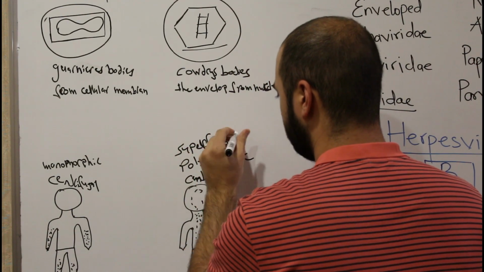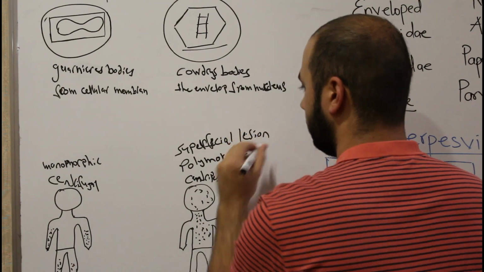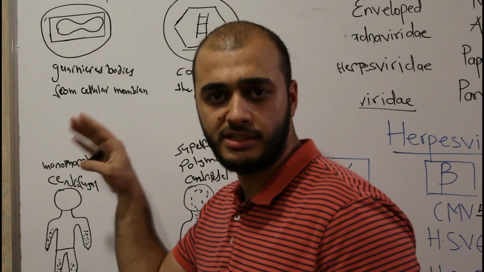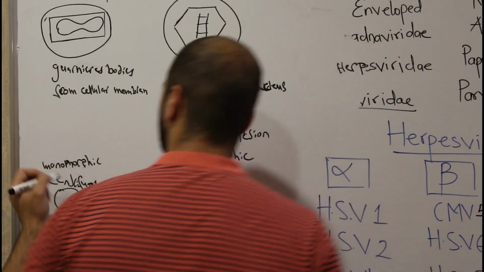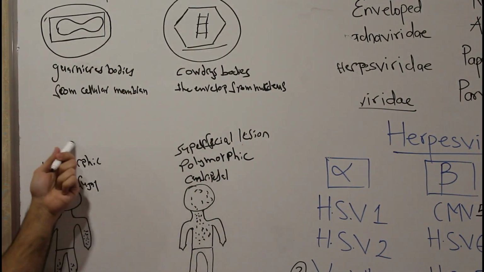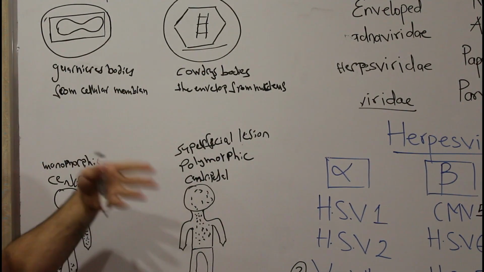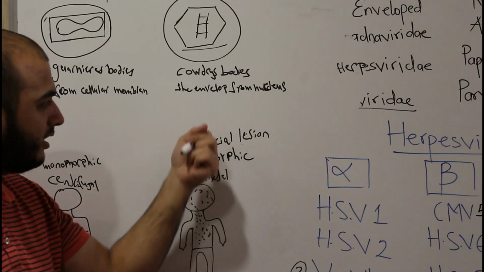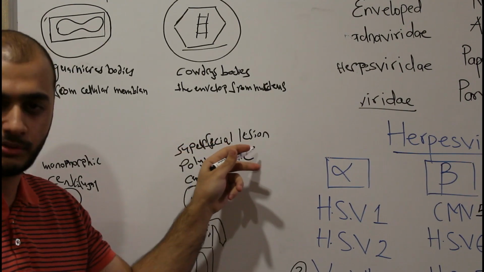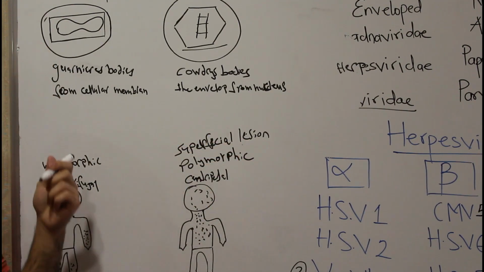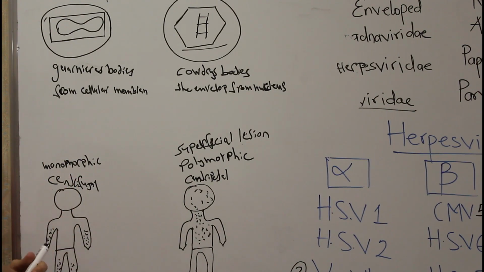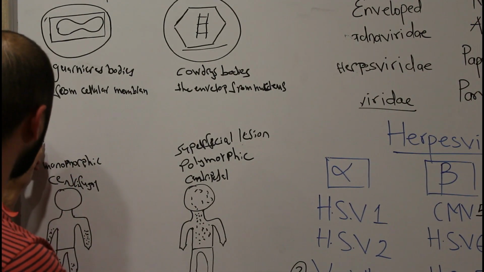Like superficial lesions, we can say. Yes? While lesions here are deeply seated. So from these two pieces of information you can conclude another two, that here the lesions heal without scar, while here the lesions heal with disfigurement or with scar, yes?